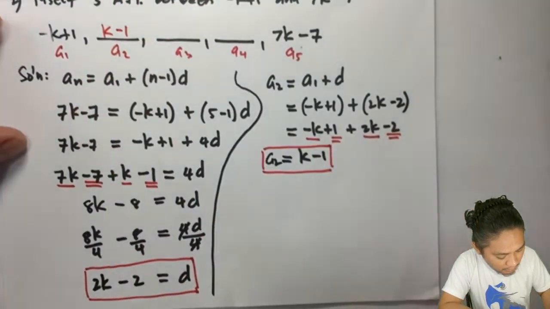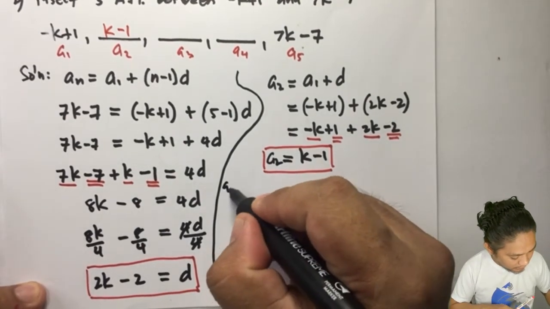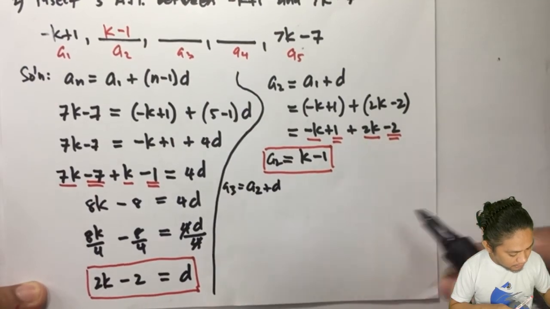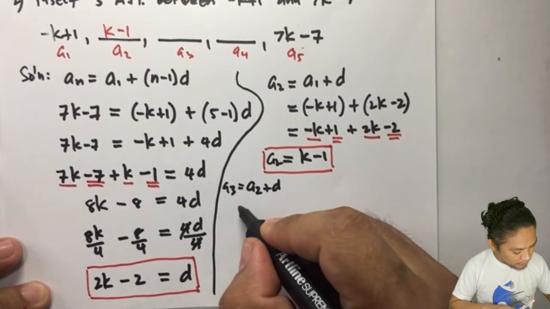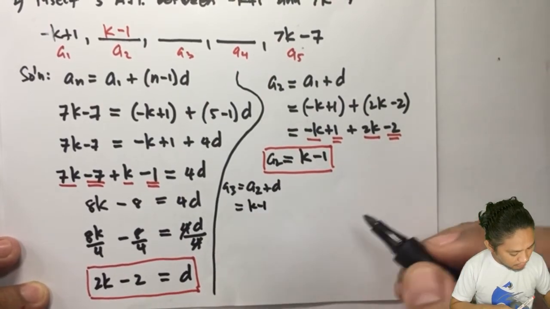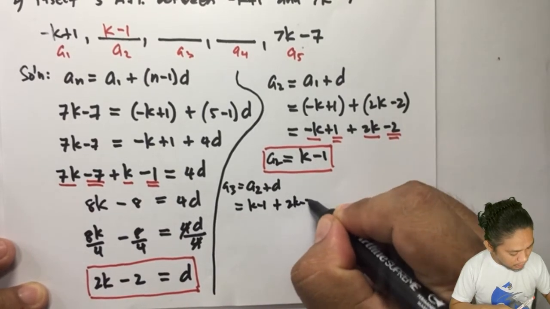To solve for the third term, that's simply a sub 2 plus d. And of course, our a sub 2 is already determined right here. So k minus 1 plus the difference, which is 2k minus 2.